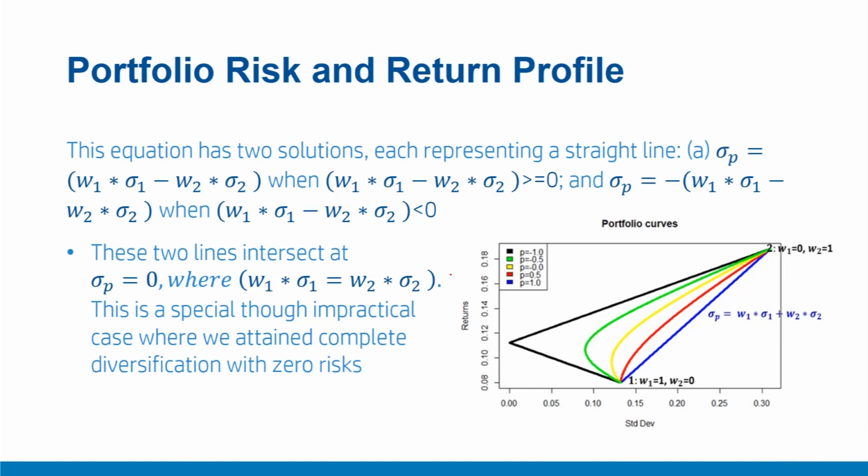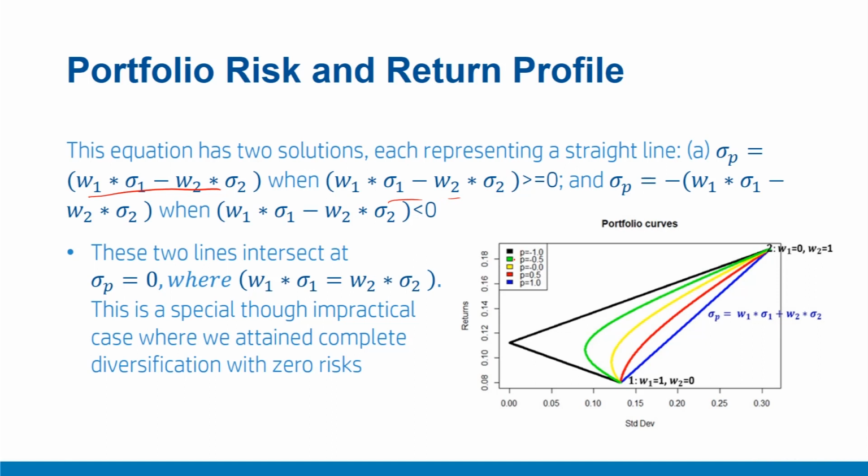Please remember, this particular equation has two solutions, each representing a straight line. Line number 1 is sigma p equal to W1 sigma 1 minus W2 sigma 2, which is this line, and the other is sigma p equal to minus W1 sigma 1 plus W2 sigma 2, which is this line.